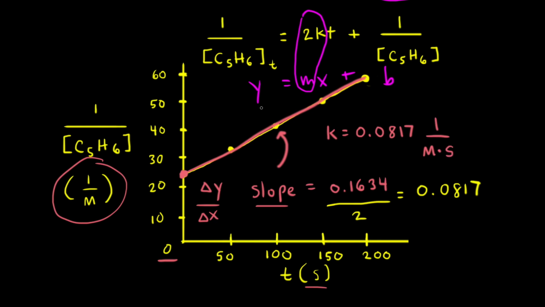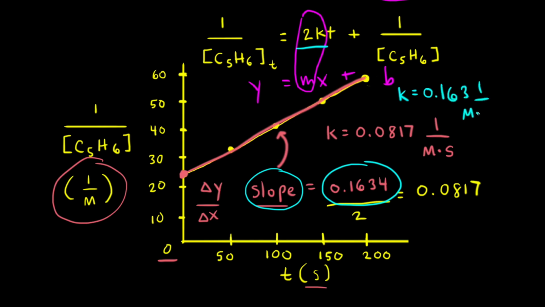It's important to point out that most textbooks don't cover how the 2 as a coefficient changes the integrated rate law. And so a lot of textbooks will simply say that the slope of the line for the second order integrated rate law is equal to k. So a lot of books would just say the final answer for the rate constant is 0.163, 1 over molar times seconds.